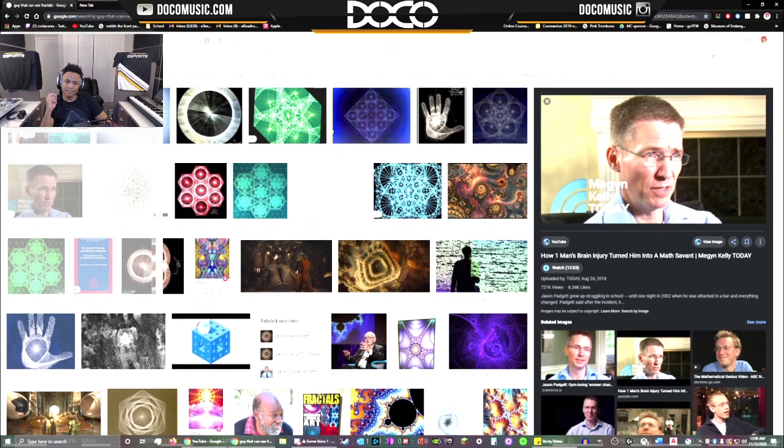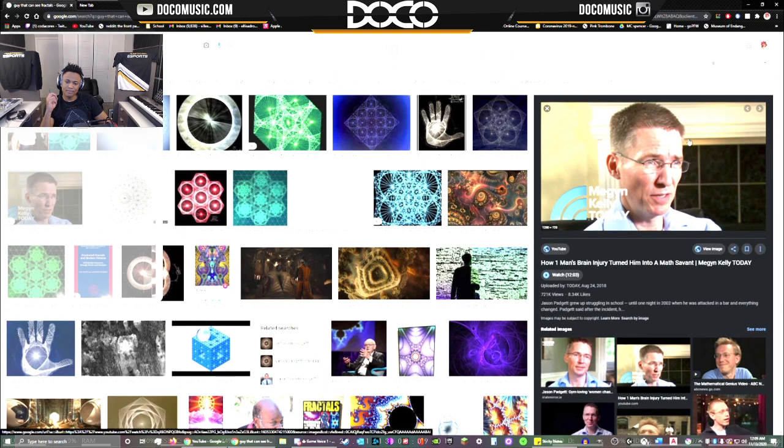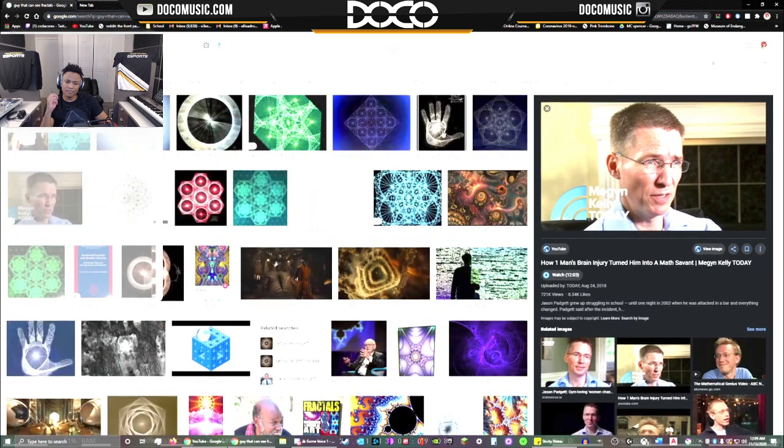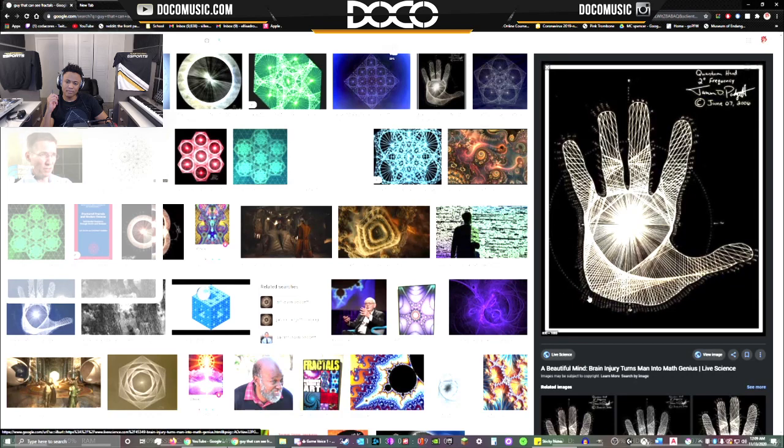But what he sees now, because of that, is fractals in calculus, and fractals are just infinitely divisible calculus tangent lines of things. He drew this right after he had no experience in math. I thought it was kind of sus, but I've researched it a little bit, and even Harvard has been doing tests with him and has proven him to actually be able to see this kind of stuff.